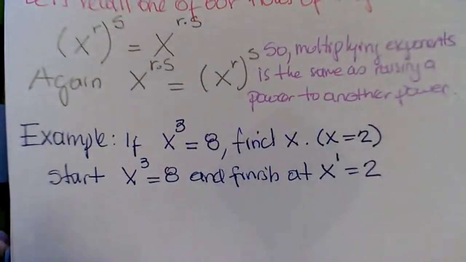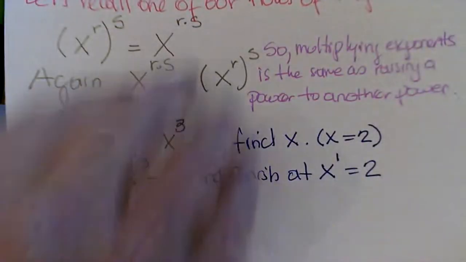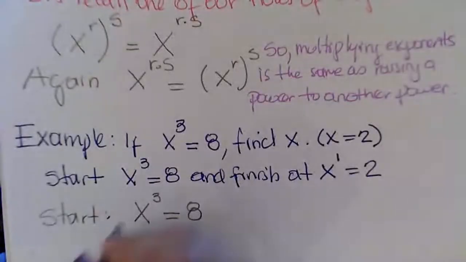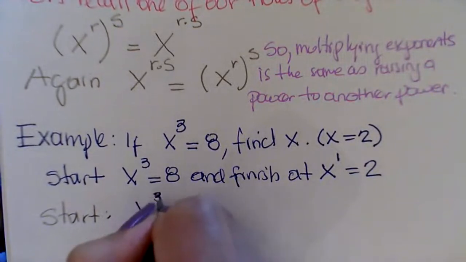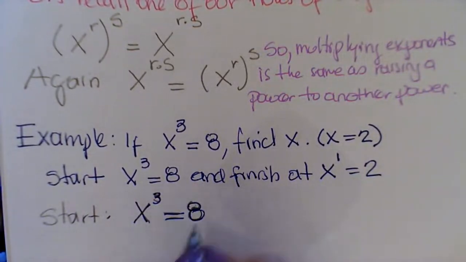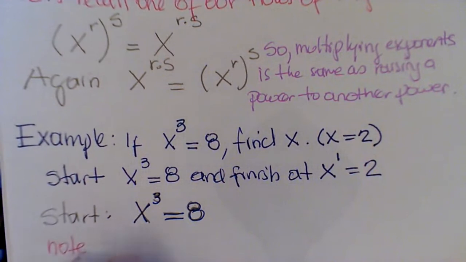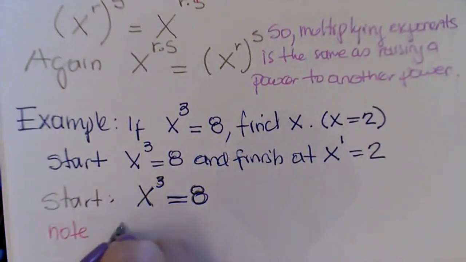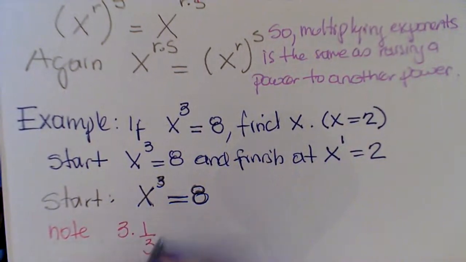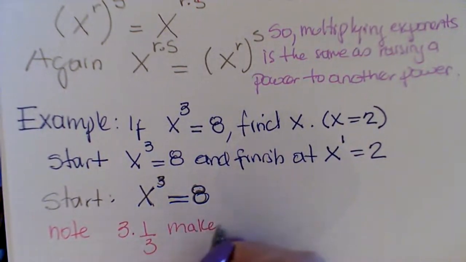So this is what we have at the beginning. We're going to start with x to the third power equals 8. Right? Let me write it in blue. x to the third power equals 8. Now, I know that 3 times 1/3 makes a what?